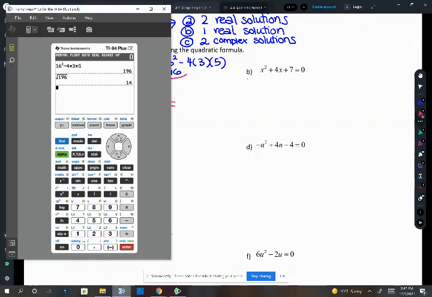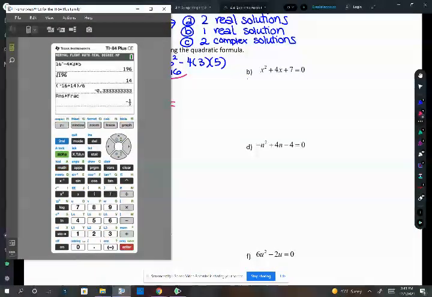So I would put parentheses, negative 16 plus 14, close my parentheses before I divide by 6. Or my other option is I could do the top and then do the bottom separately.